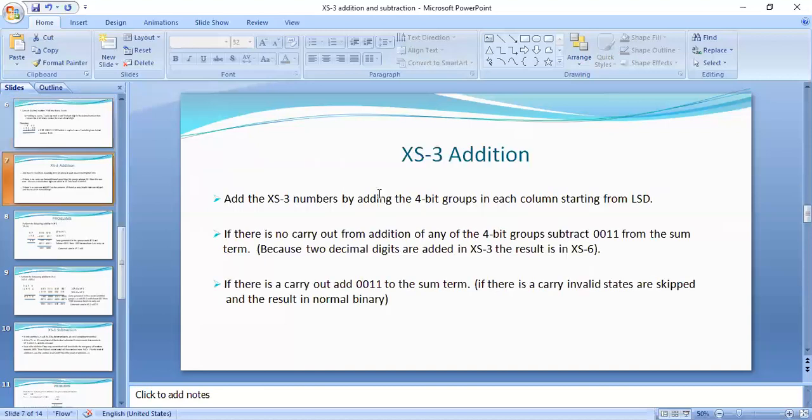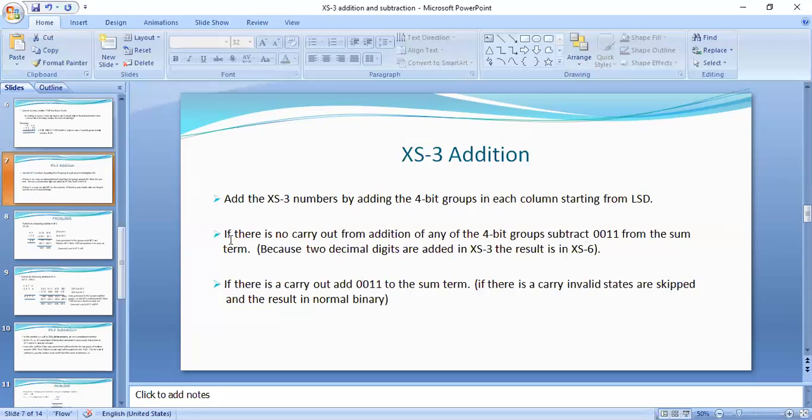Next, XS3 addition. If you want to perform addition in XS3, you should follow these rules. First, if the numbers are in decimal form, write the equivalent XS3 code for each decimal digit.